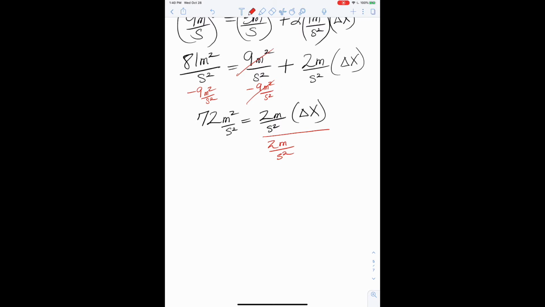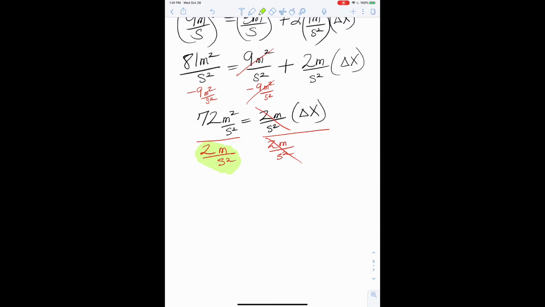I could do it for this side, but I'm not going to worry about it. I think this side is where everyone is not going to be okay with me just going quickly through this. So when you have a fraction hanging out in the denominator, we have to do something called multiplying by the reciprocal.